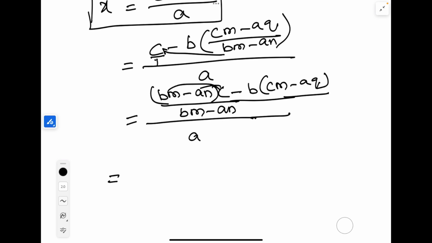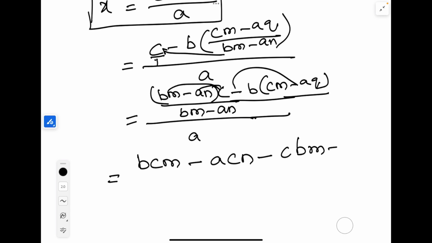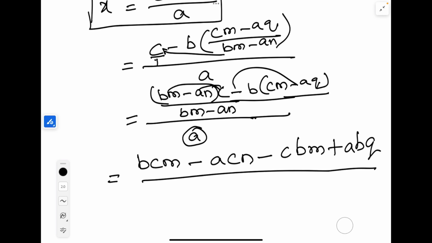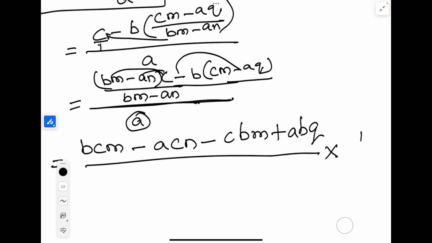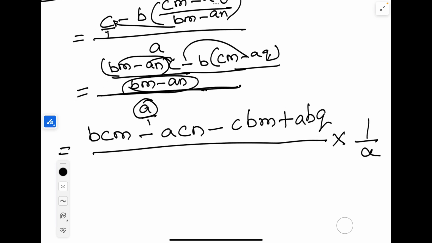The first term we will be getting bcm minus ac minus cbm, minus into minus is plus, we will be getting abq by, now this a will become reciprocal if I make this division into multiplication. Here a by 1 will become 1 by a, and this bm minus an I am writing here. You observe plus bcm minus bcm gets cancelled.